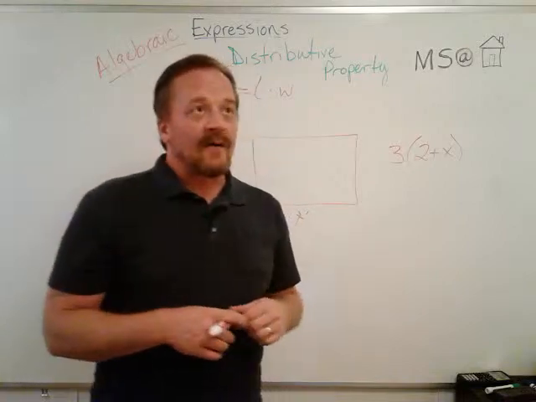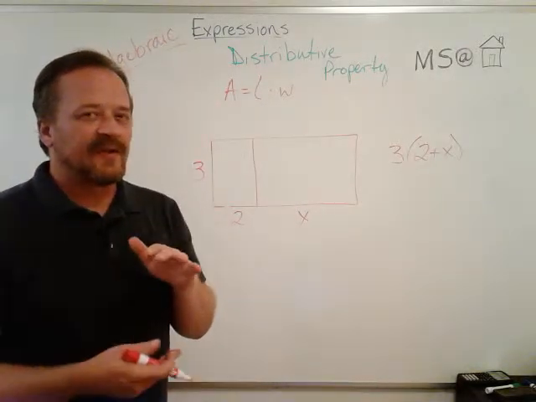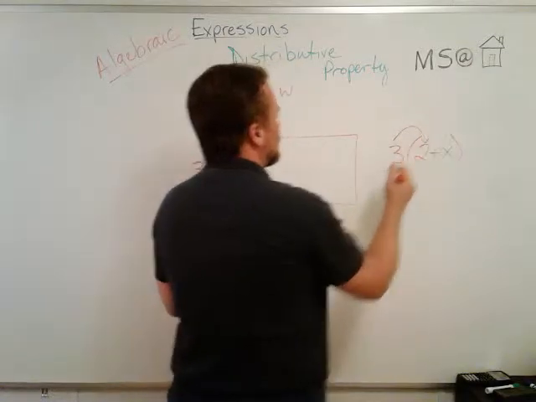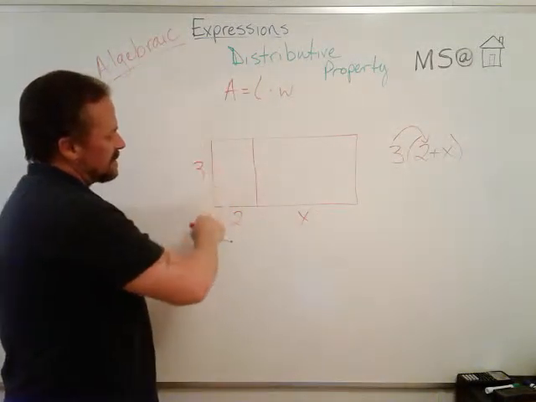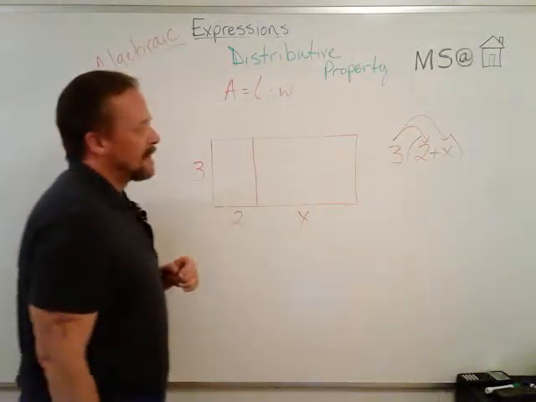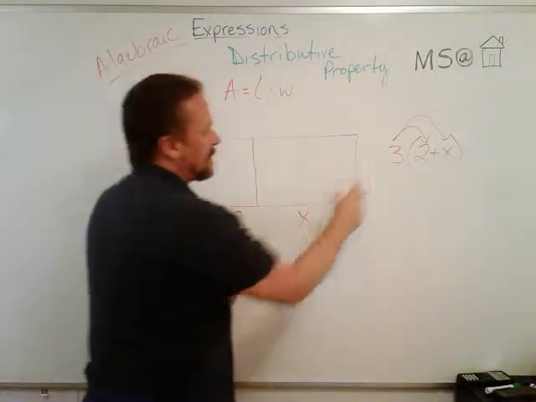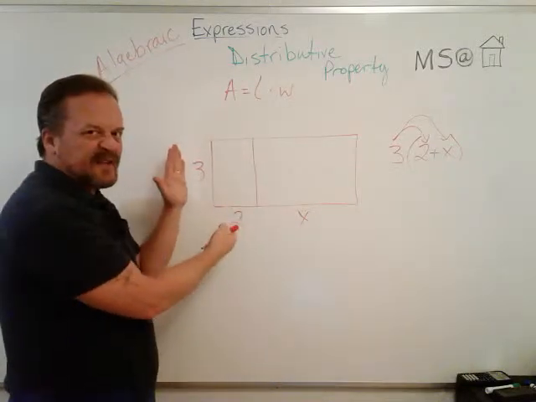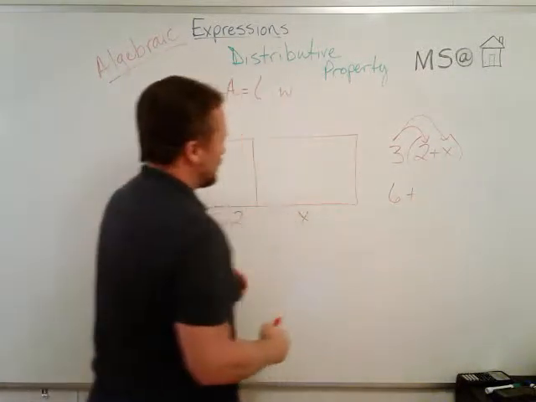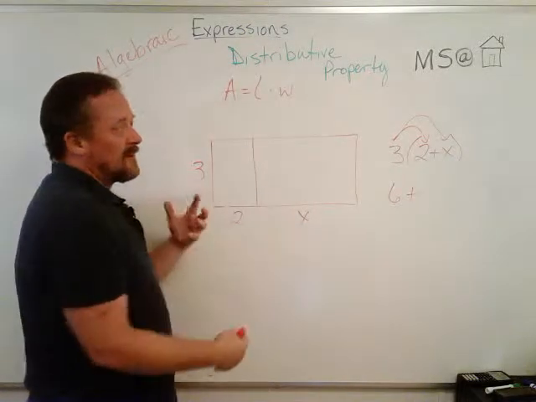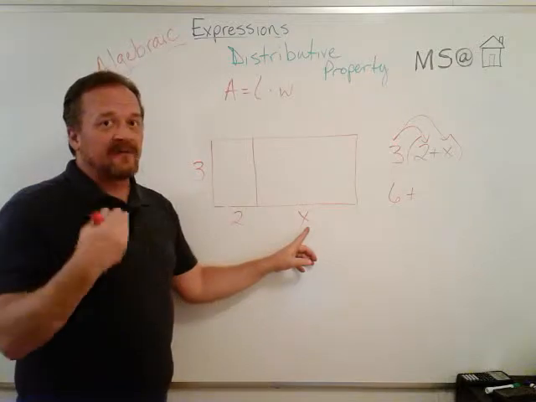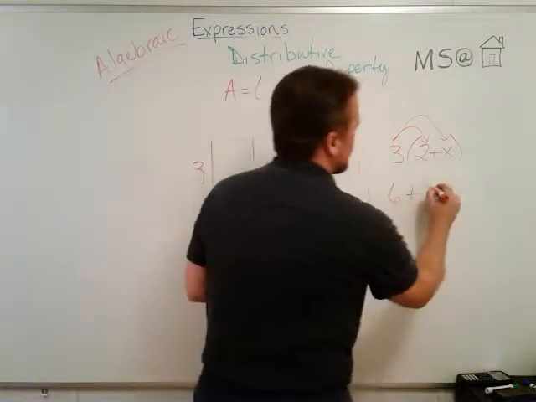And then if I want to write out an actual expression to simplify this as much as possible, I'm going to distribute this measurement to both those measurements. Okay? 3 times 2, we already discussed that. That's 6. Plus, and we don't know this one, so instead of it just being 1x, it's going to be 3 times x, 3 x's.